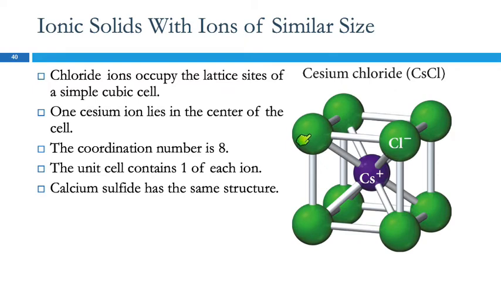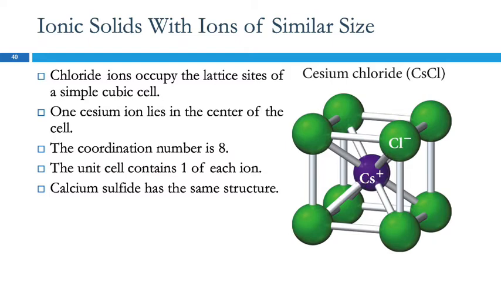So what we're looking at here is one of the ions. Here we're doing chloride. We're looking at this structure based on how the chlorides are arranged and then where the cesiums fit in between them. So this green shows a simple cubic cell. And then we've got the one cation in there.